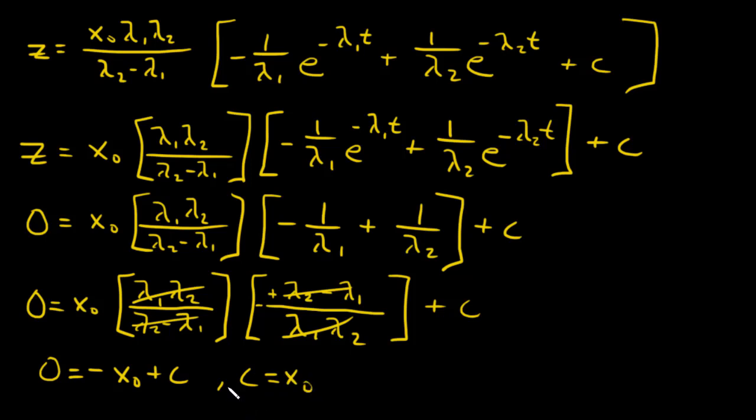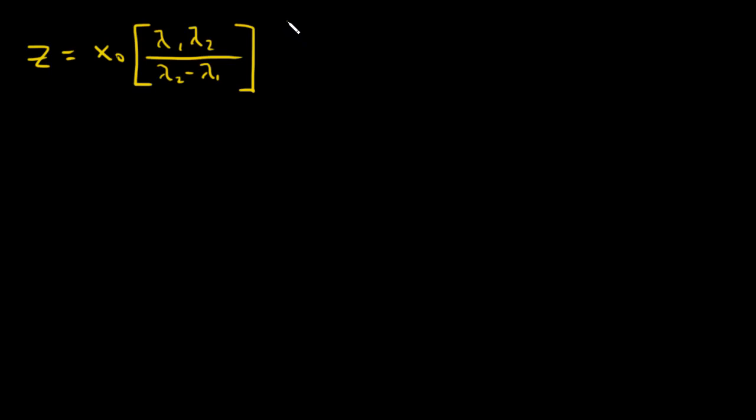Okay? Now, I have to write that up here to get its final form. So let me clear this and go to the next page. So here we go. We're going to have z is equal to x naught times lambda 1 lambda 2 over lambda 2 minus lambda 1 bracket.